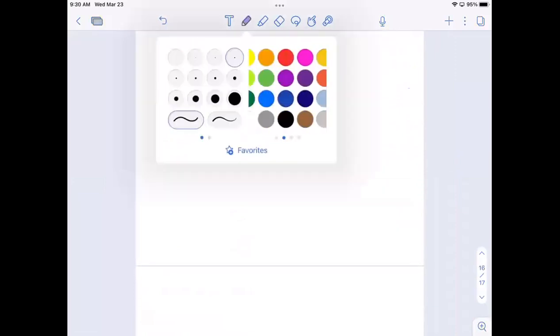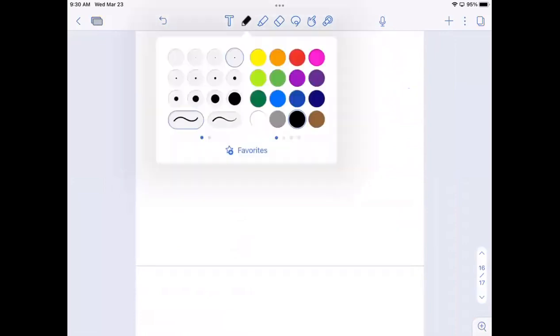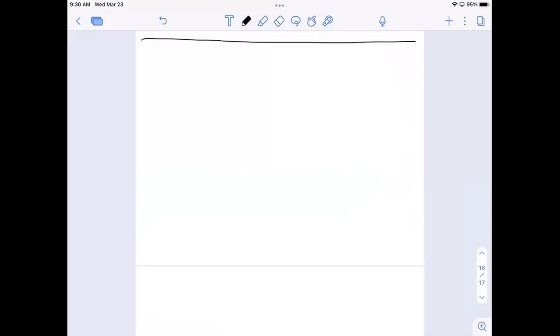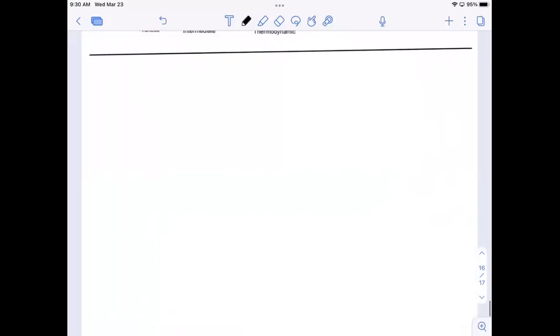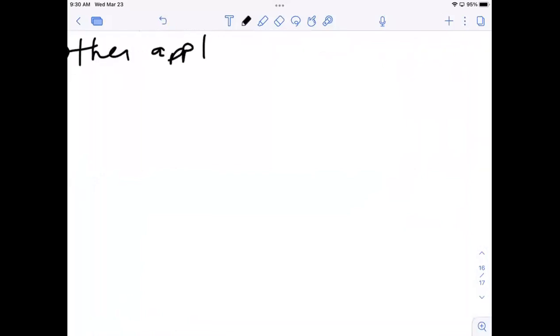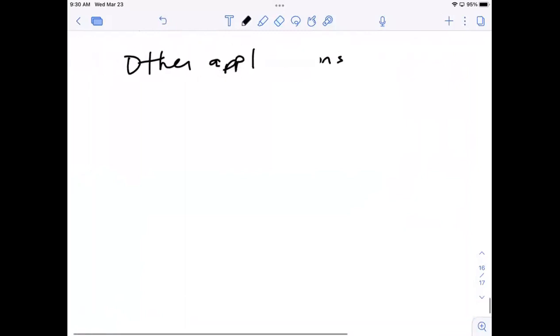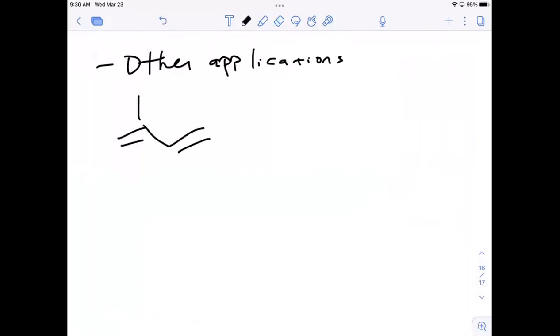So we can actually take a conjugated diene like this one, and let me just spice it up.